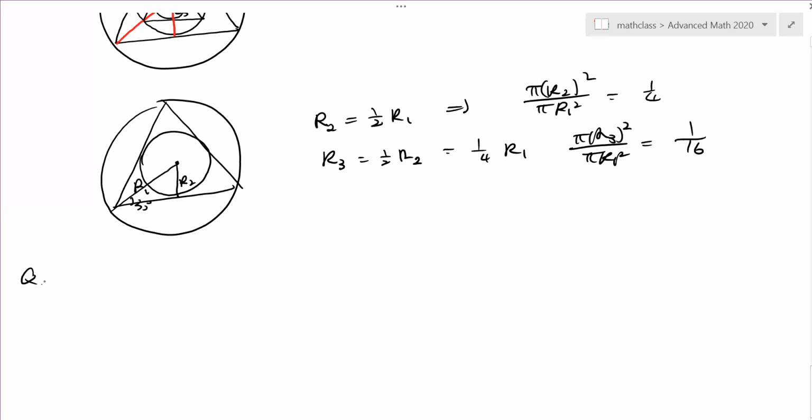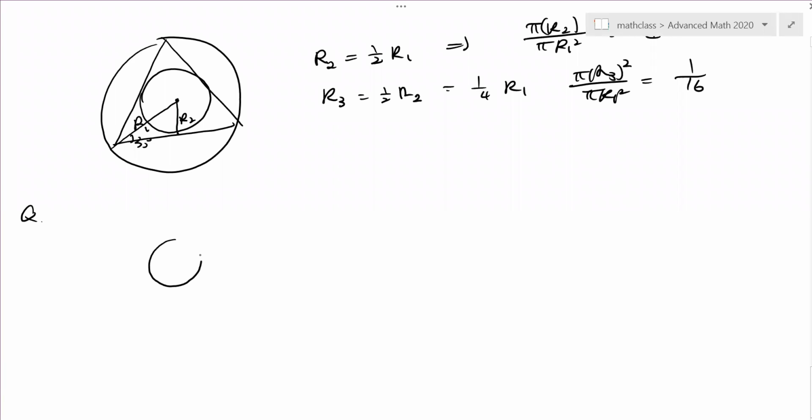Now our next problem: I put three congruent circles together. Those are three circles with a fixed radius.